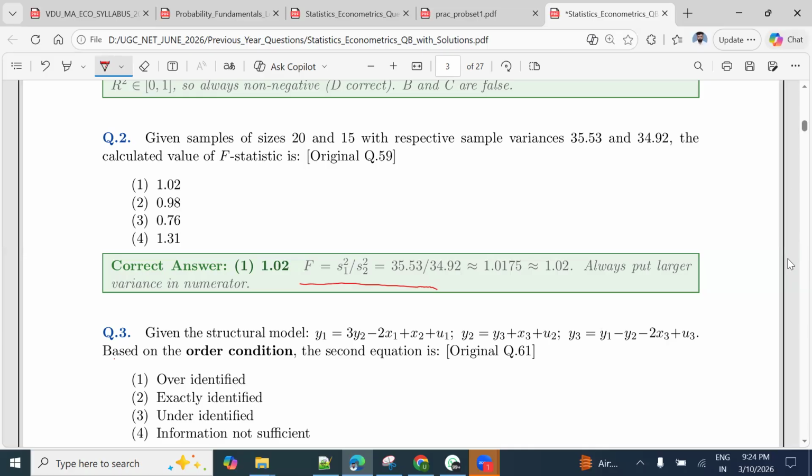So first of all, what is F? Who can tell what the F distribution is? The F statistic is coming from the F distribution only.